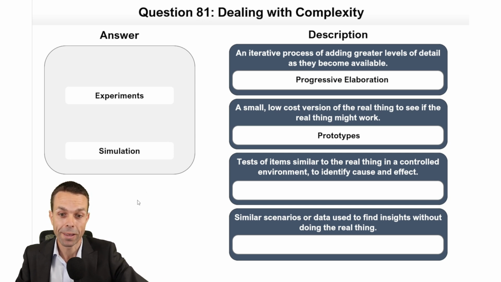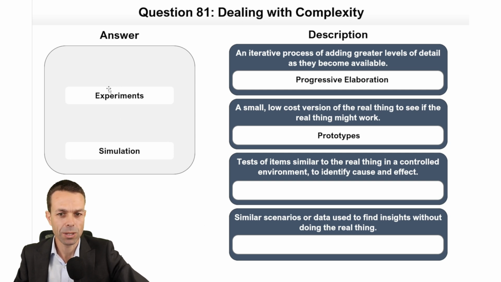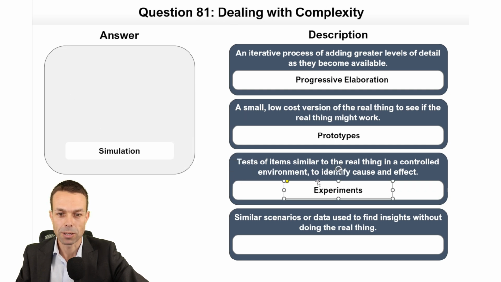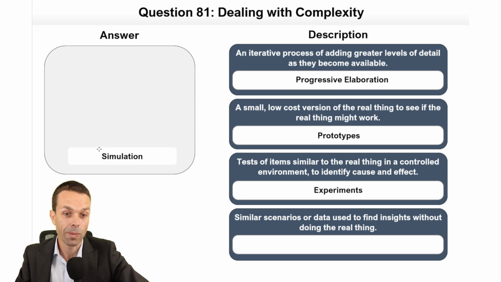Tests of similar items to the real thing in a controlled environment to identify cause and effect. Experiments and simulation, very similar, these things, but if it's a test, we're going to go with an experiment. And if it's a scenario, similar scenarios or data used to find insights, I think we're going to do a simulation there.